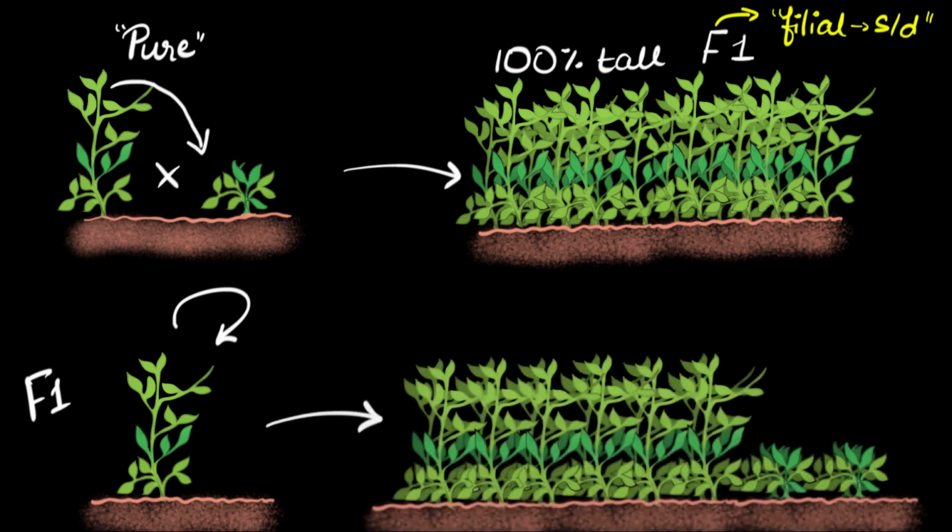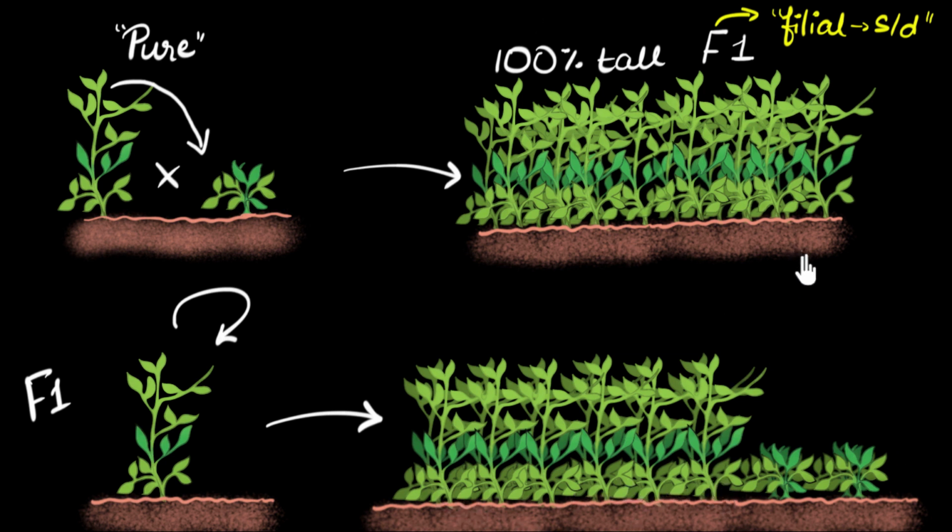Well, surprise, surprise, now some short plants are found. Another shocking thing to see, right? Because again, where did these short plants come from now? And guess what? Mendel even counted them.